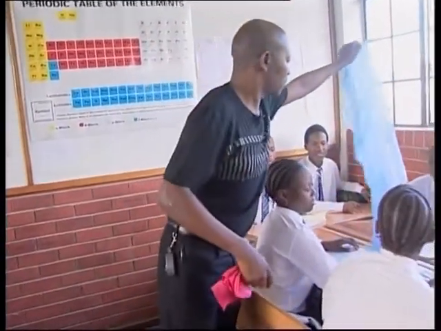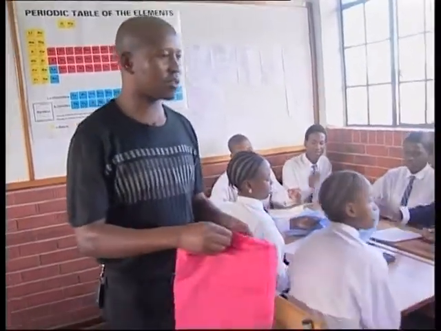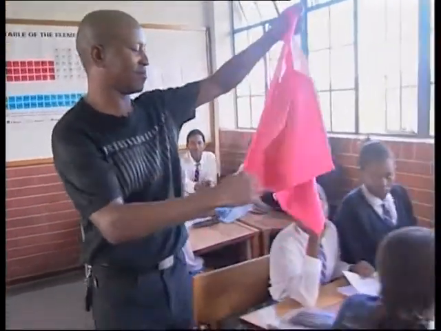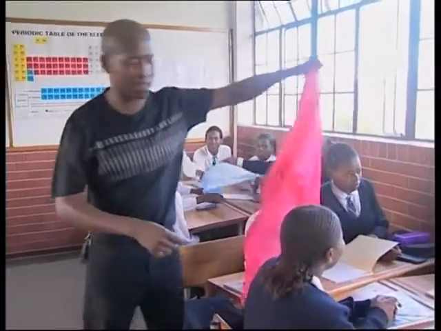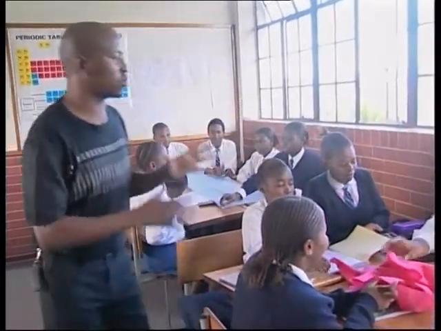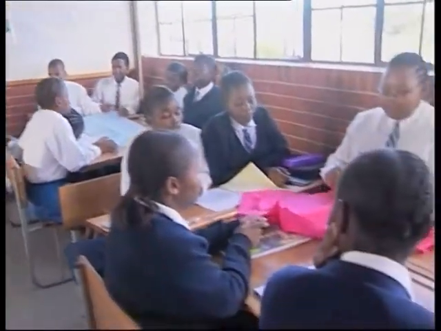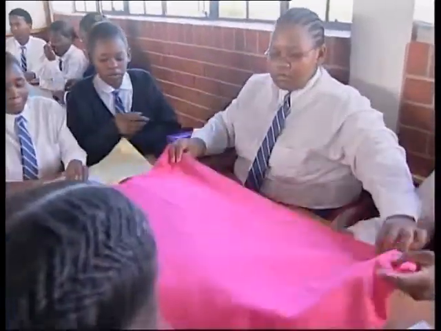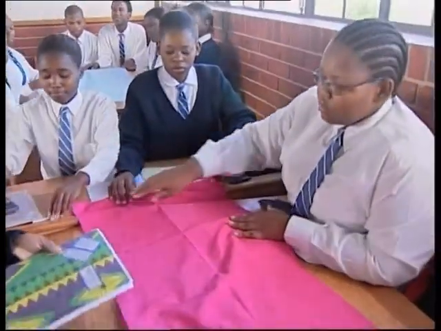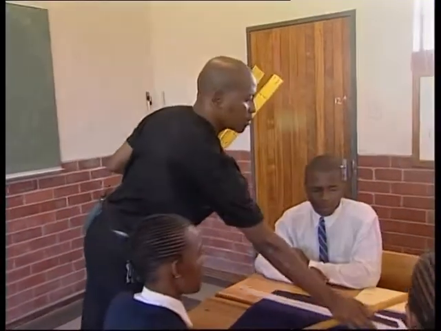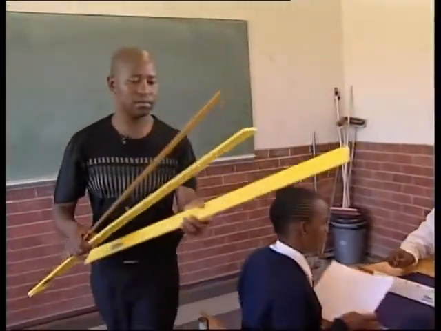Each group is given a piece of cloth to measure. And this one, what's this color? Pink. Okay, what I want us to do, I'm going to give you some instrument that we are going to use to measure the different lengths on those cloths. Give you this one.